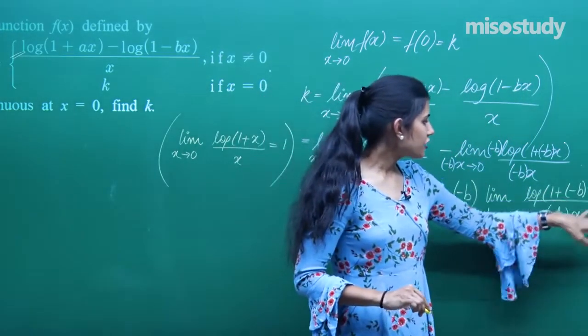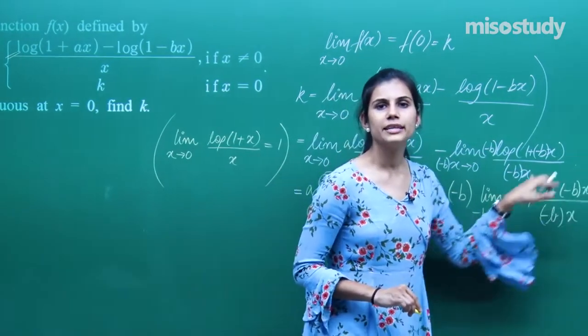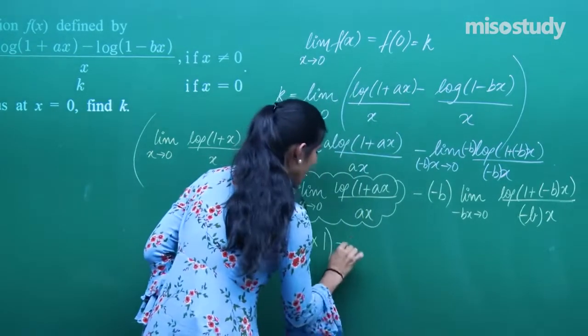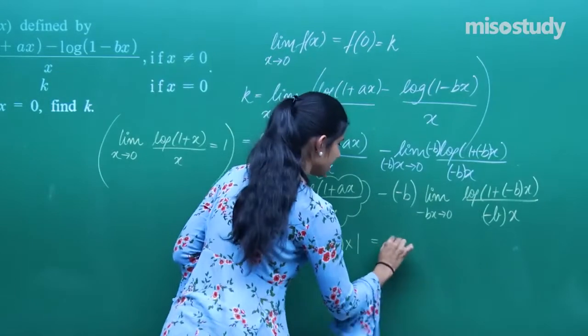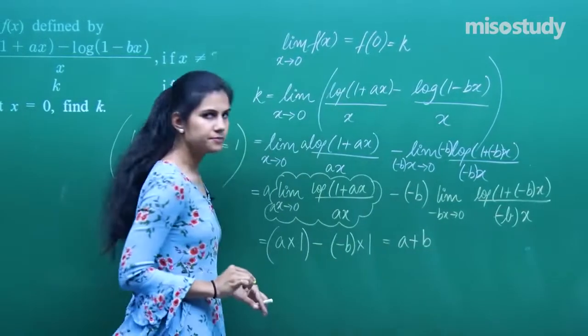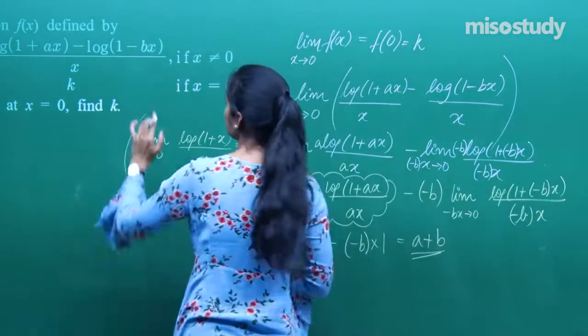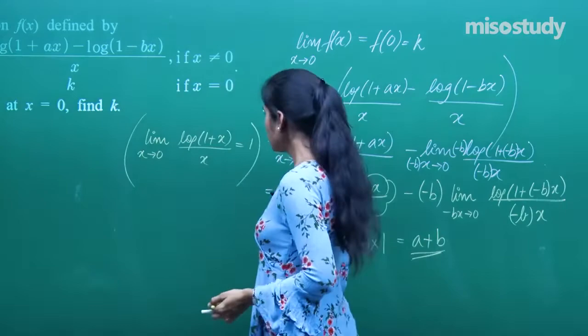Log of 1 plus an argument upon the same argument, provided that argument is tending to 0, the limit is 1. So you get minus b into 1, and you are left with a plus b. K should be equal to a plus b for this function to be continuous at 0. That's the answer. Let's move on to the next question.